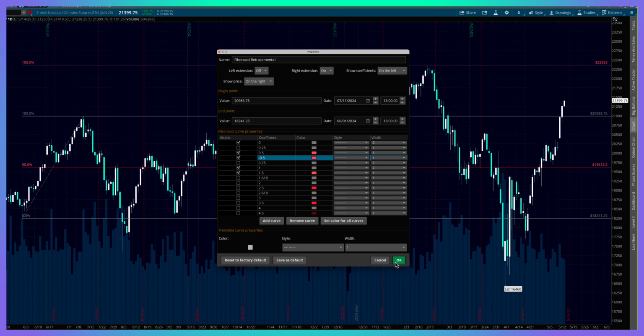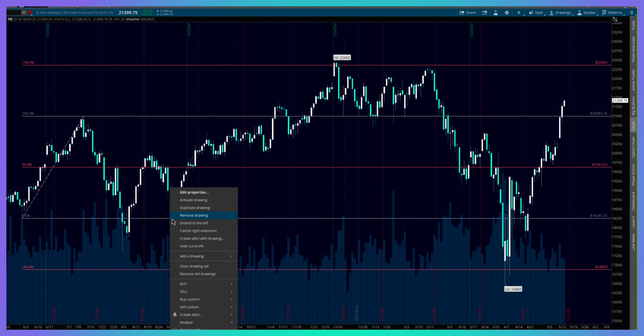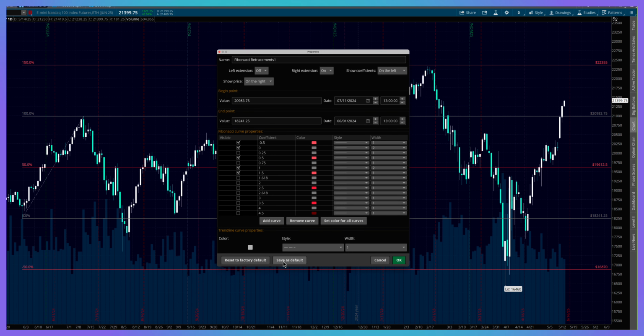Okay, look at that. Man, I love the market. It's just so structurally clean in so many ways. Now, here's the thing. First of all, I want to save this as default so I don't forget. So save as default. Okay, here we go.